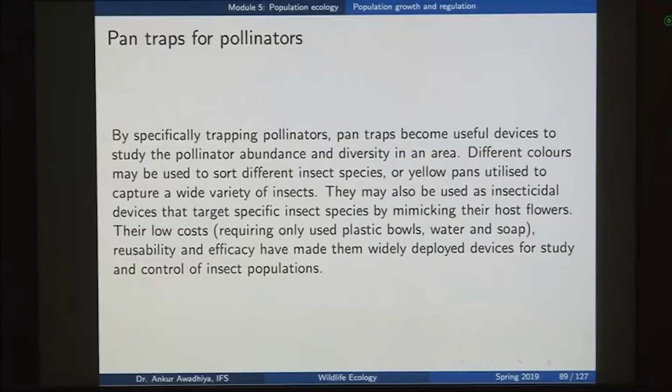So, from that you can make an estimate of the total amount of pollinators that are there, the total amount of non-pollinators that are there. So, it all depends on the parameter that you want to measure in this population.